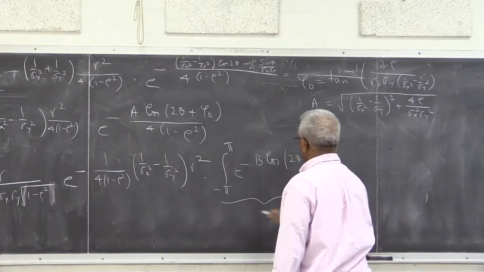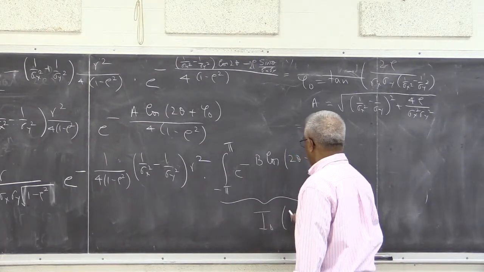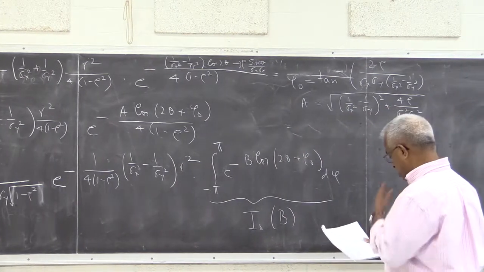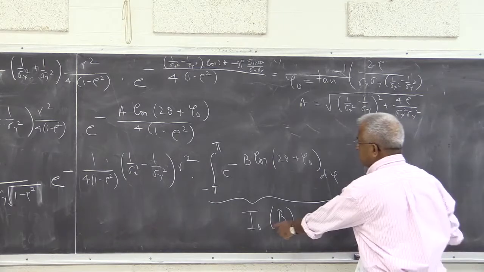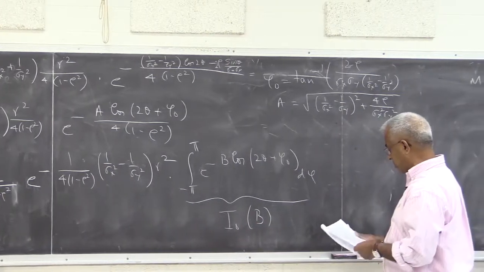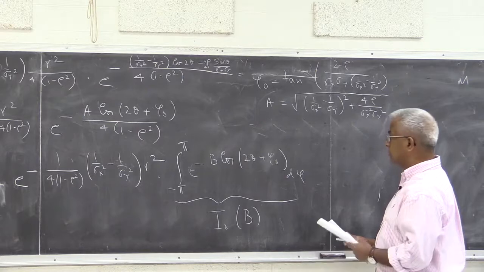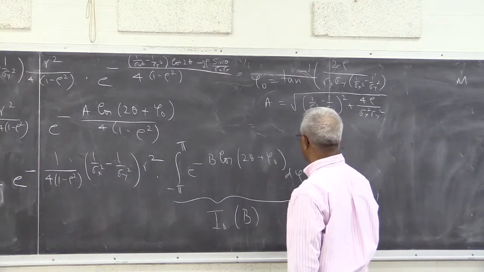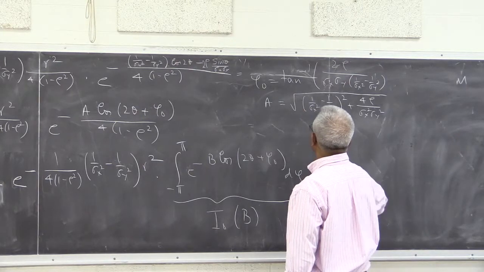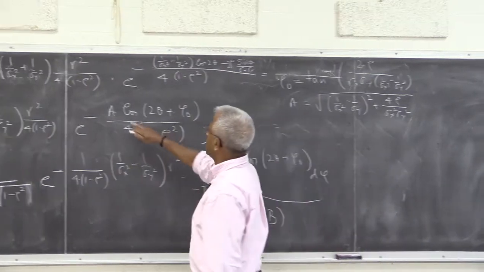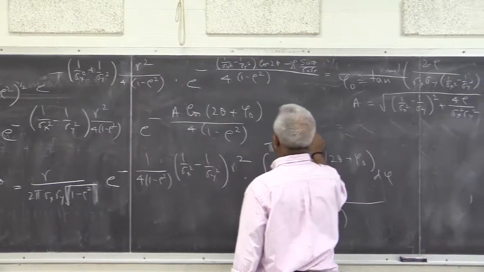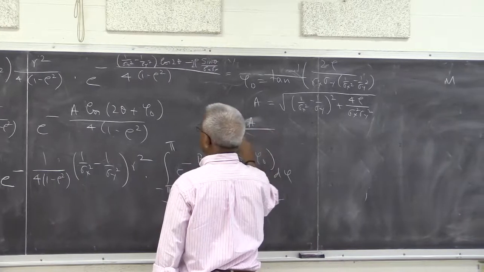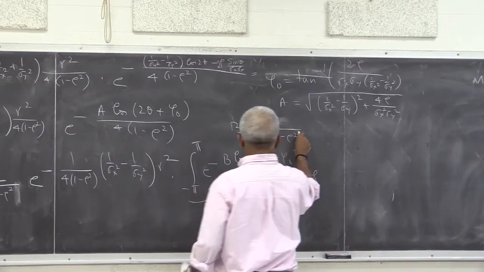But this is the expression for I naught of b. So bottom line, this is the Bessel function of 0th order. And if I substitute for that, where b is of course this quantity, b is capital A divided by 4 multiplied by 1 minus rho squared.